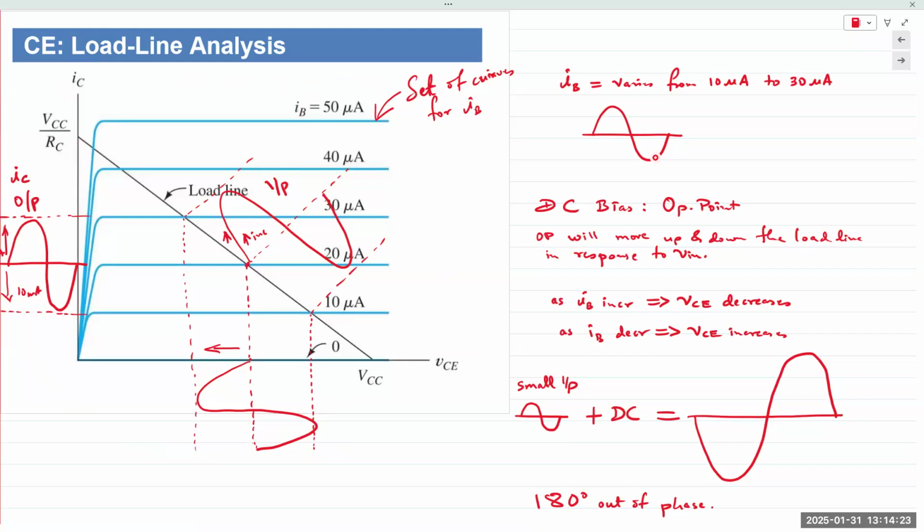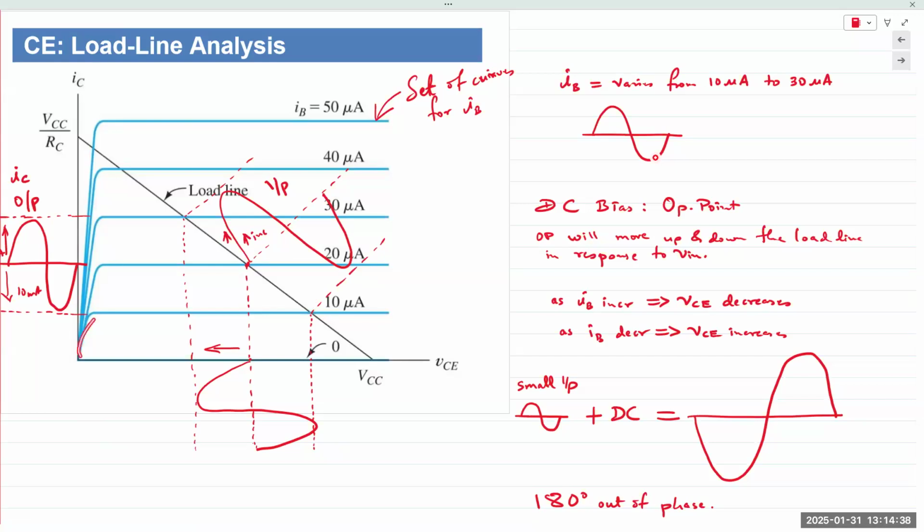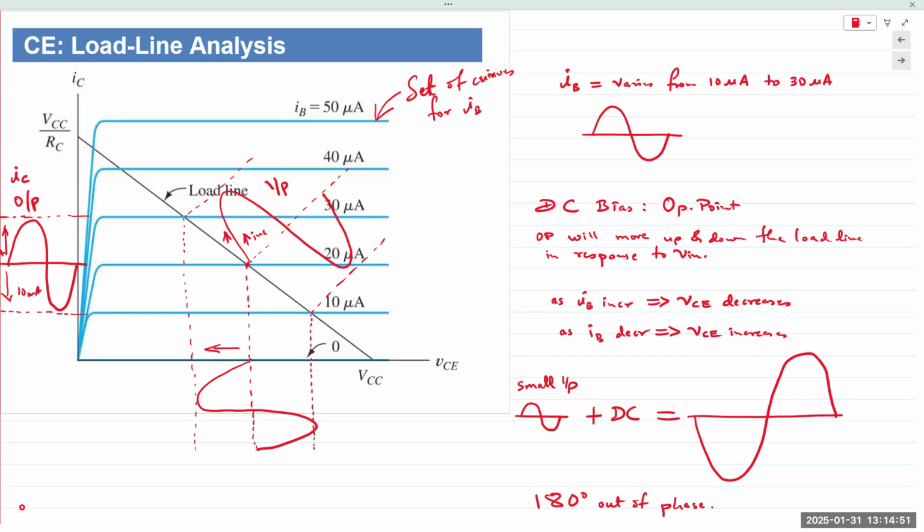Each data set of IC versus VCE is a result of an applied input current of IB. So this line is a plot of IB equals 10 microamps. This line is for IB equals 20. This is for 30. This is for 40. This is for 50. So the output side is a set of data points.